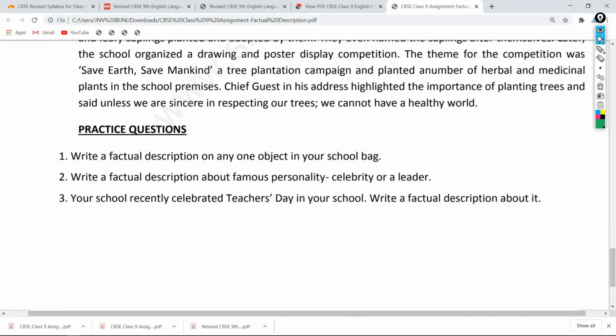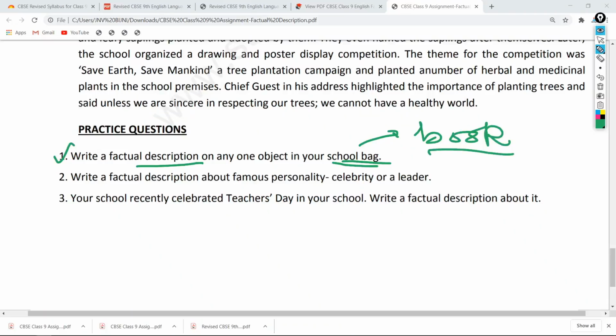Question number 1. Write a factual description of any one object in your school bag. In your school bag, many things will be there, and suppose the first thing is the book. You will describe the book.